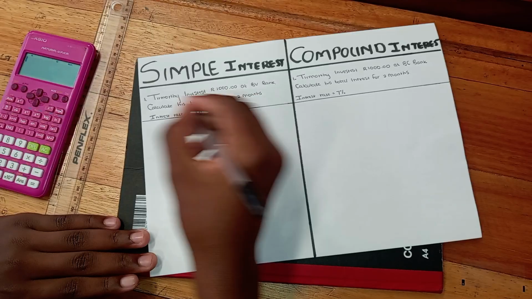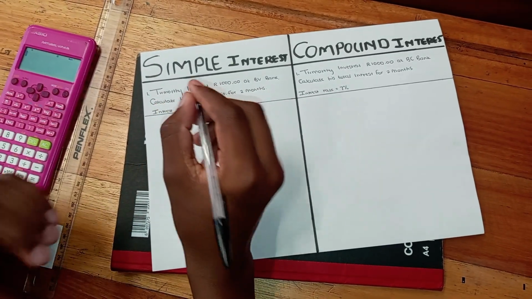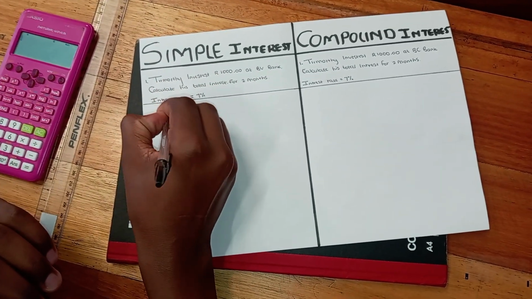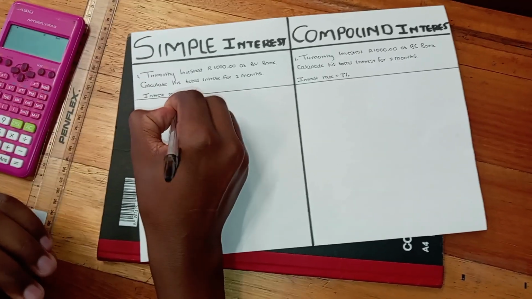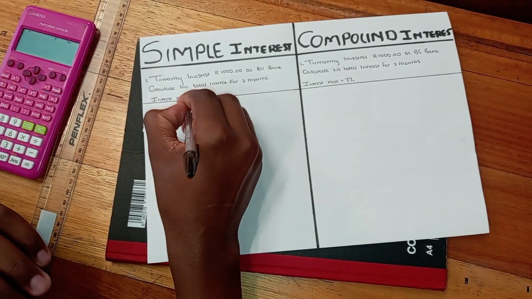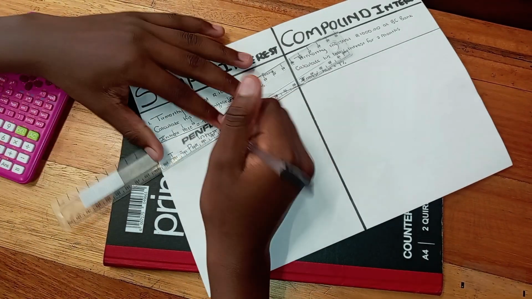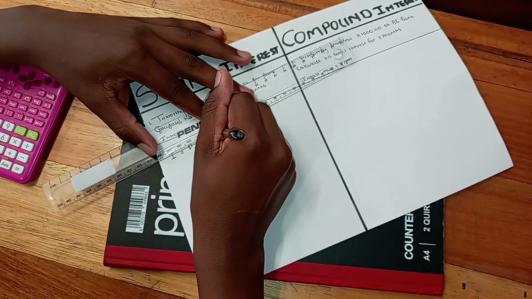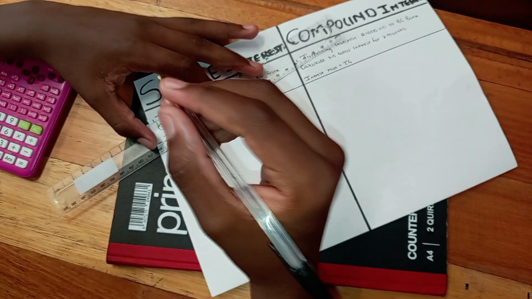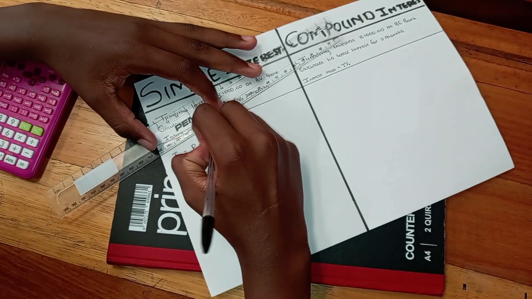For simple interest, we're going to use a formula. Interest is equal to principal amount multiplied by interest rate over 100. Since the interest rate is calculated using percentages, we say over 100.